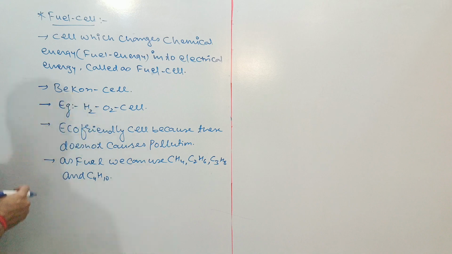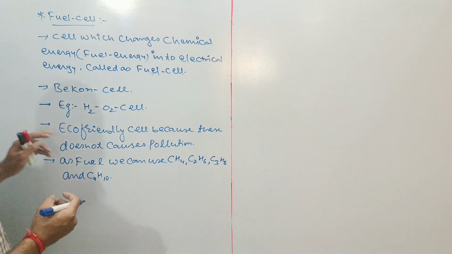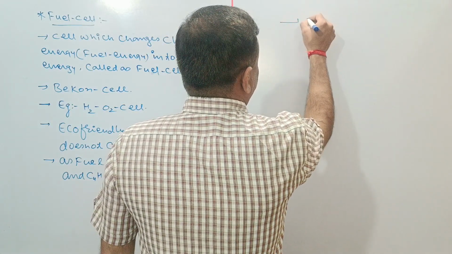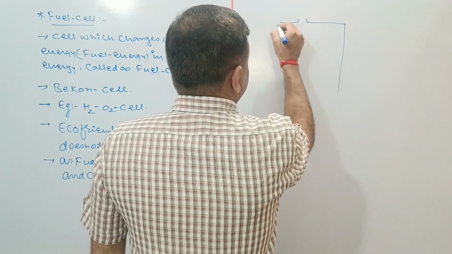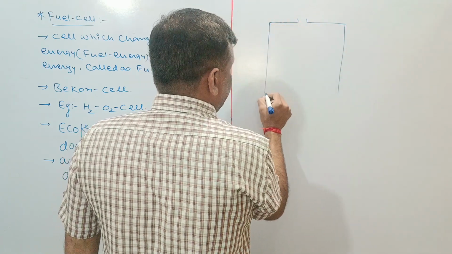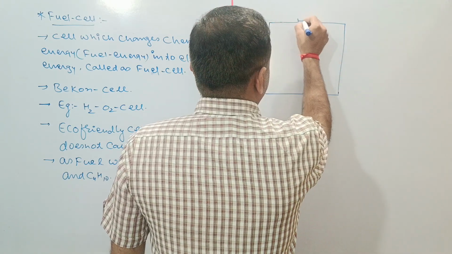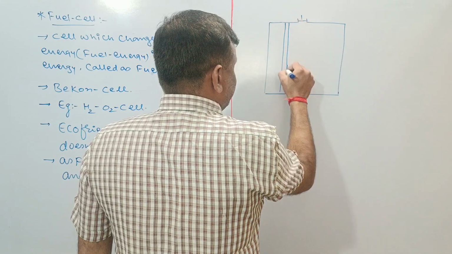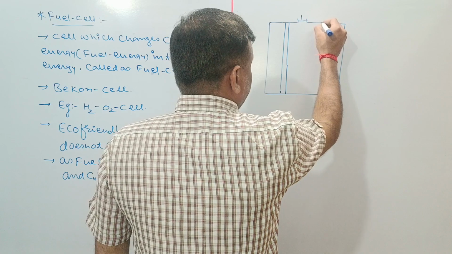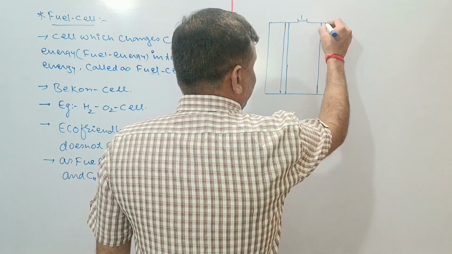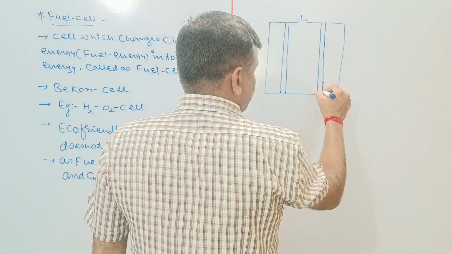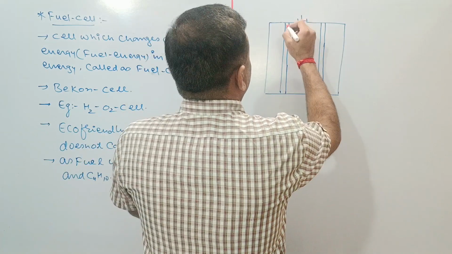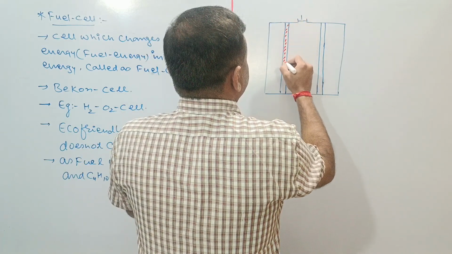Now the structure and reactions of the H2-O2 cell. This is the H2-O2 cell diagrammatically. Here there are two porous platinum or titanium electrodes filled with platinum powder, one the cathode and the other the anode.